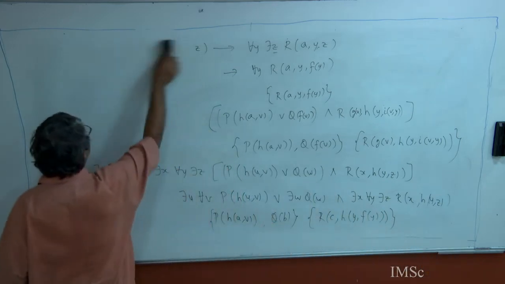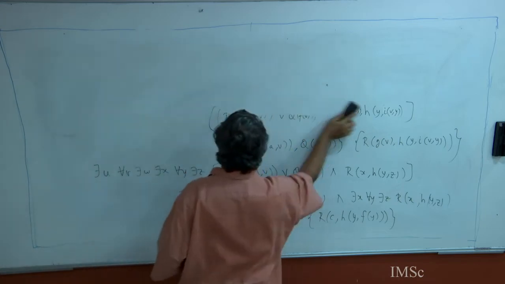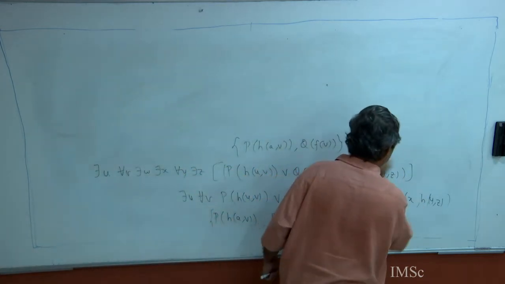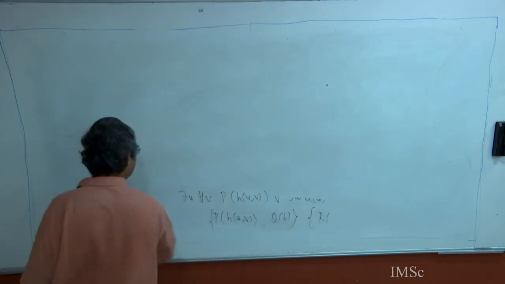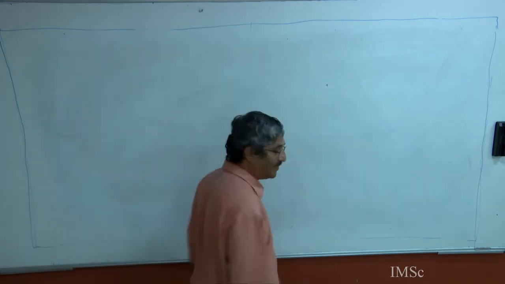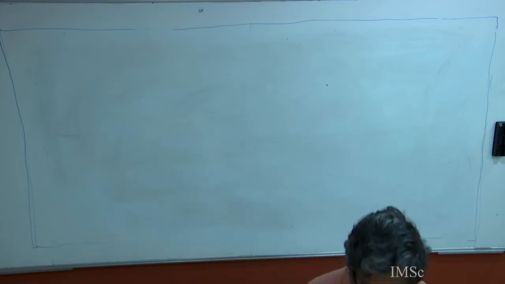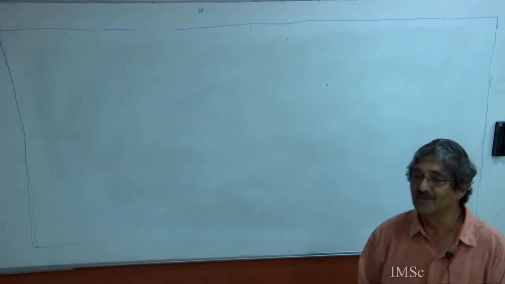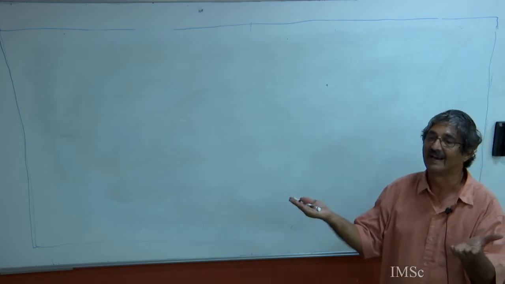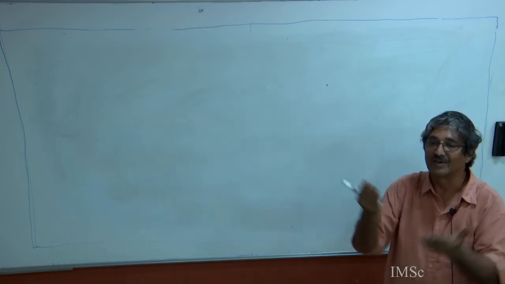So what does Skolemization do for you? First, it gives it to you in clausal form, right? Now you can start doing your inference. Remember I was telling you about resolution, right? Resolution as a rule of inference with clauses, right? You take clauses and resolve.